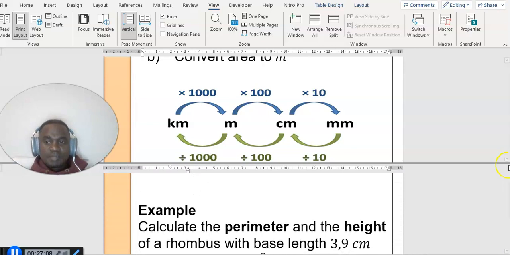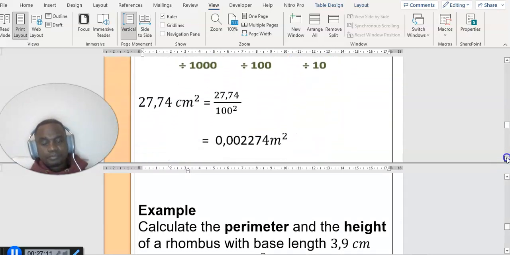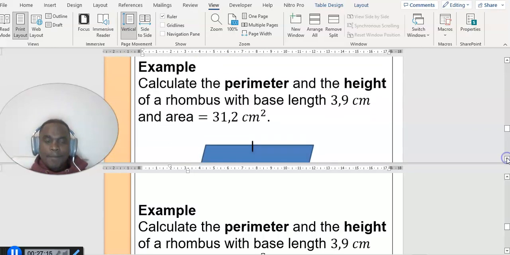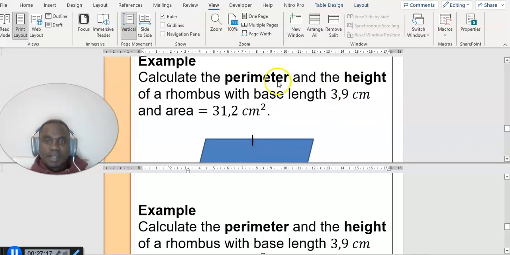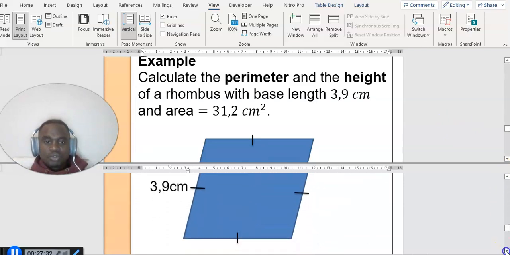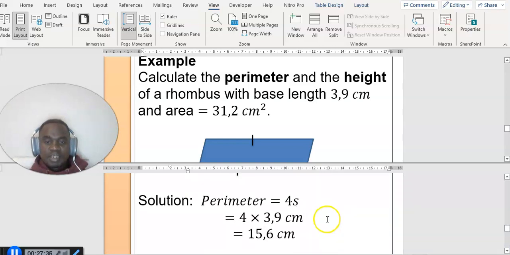Yeah, let's look at example 2. Example 2, it says calculate the perimeter and the height of a rhombus with base length 3.9 centimeters and area 31.2 centimeters square. So they want us to find the perimeter.